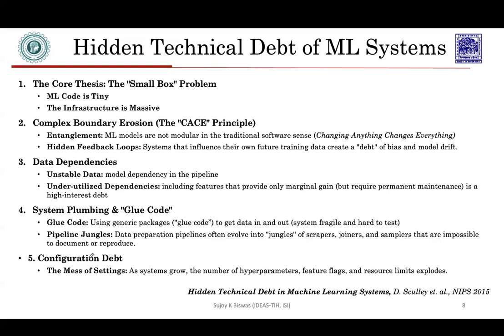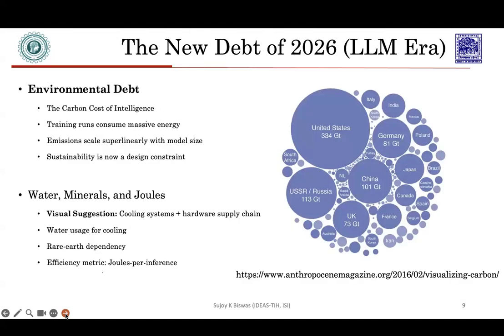So configuration, there are a whole lot of other factors that build this entire system. Those are responsible for all these issues. And the cost also comes from the environment. For example, there is a nice thing, particularly in the LLM era.